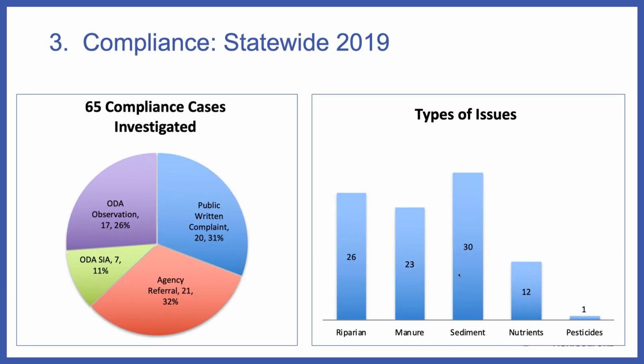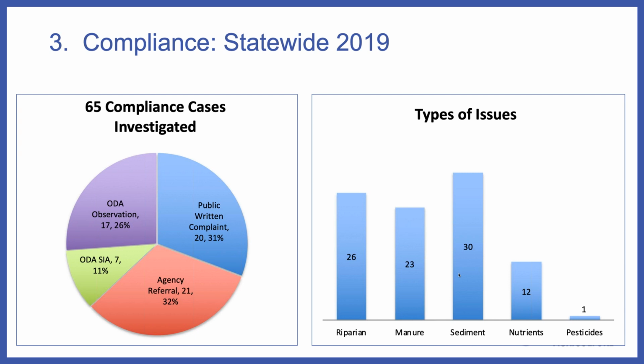So here's some stats from 2019. And on the left, you see basically the triggers for cases. And if you add the green to the purple, because I'll talk about the green SIAs shortly, about a third are ODA observation, about a third are written complaints from the public, and a third come in from agencies.